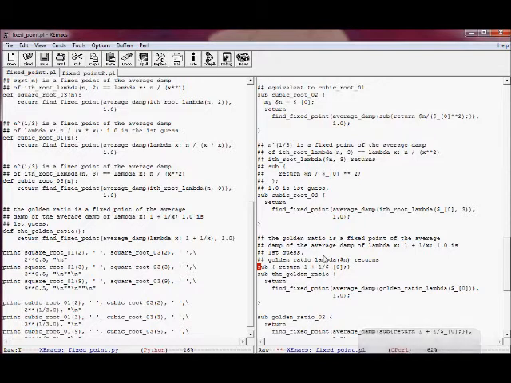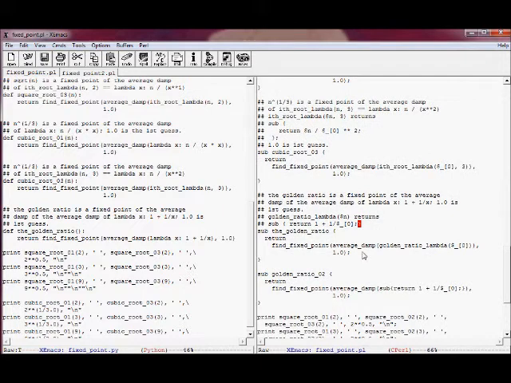Okay, this is the function. This is what it returns. Golden ratio lambda, the function that returns another anonymous function.